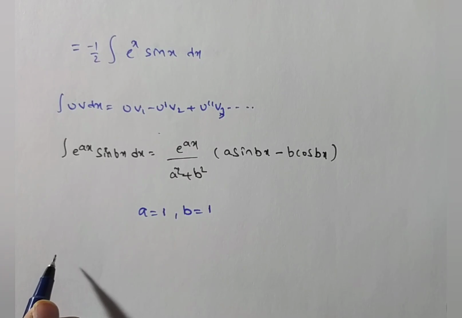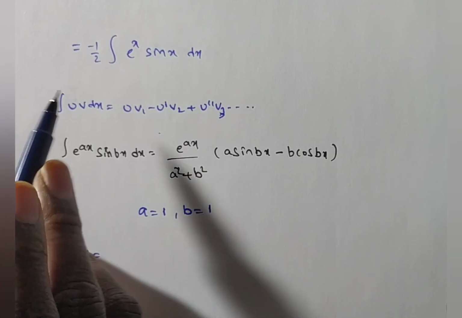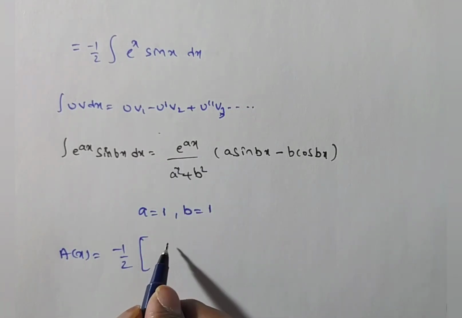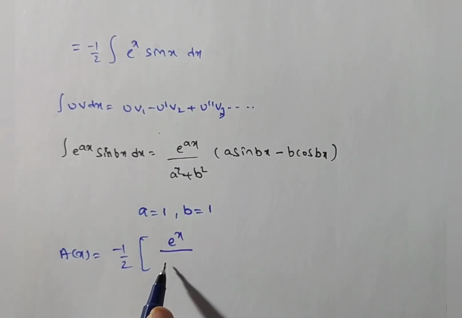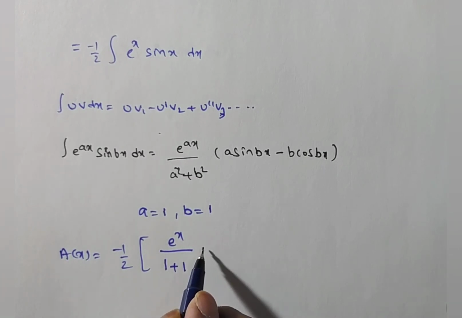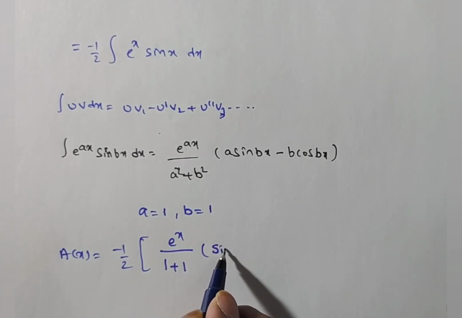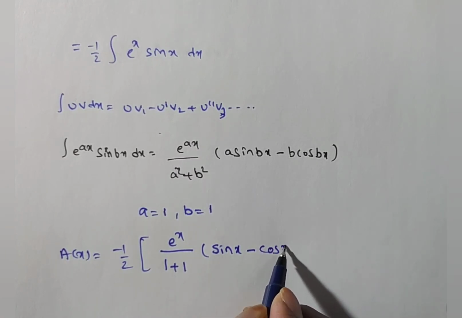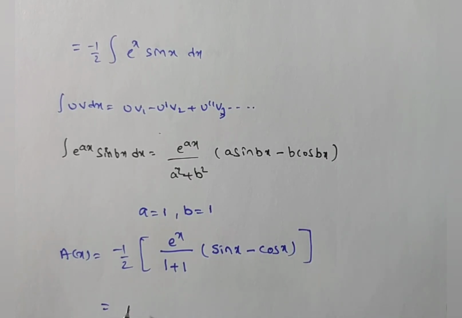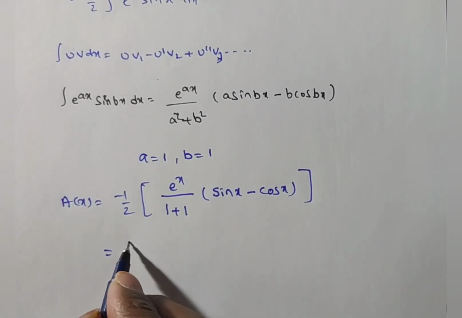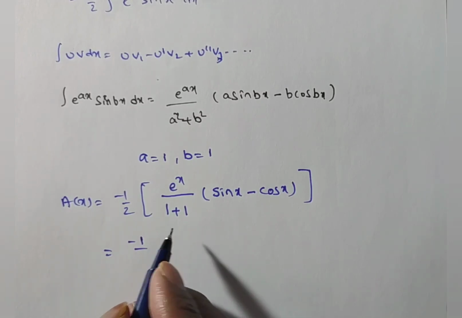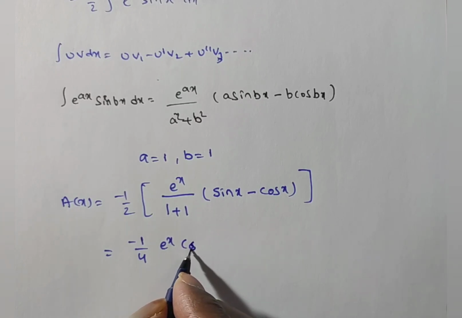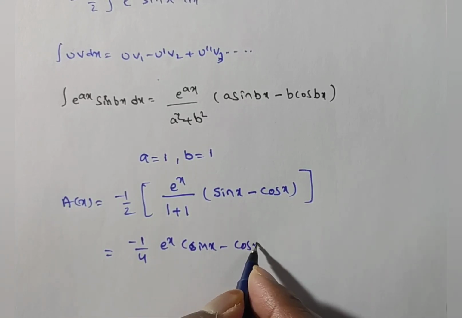Okay, now a of x is equal to minus 1 by 2 times e power ax, so e power 1 into x means e power x by a square plus b square, into a means 1 into sin 1x minus b means 1 into cos 1x. So this is the a of x value. Then we will have minus 1 by 2, this is 1 plus 1 is 2, 2 times 2 is 4, so minus 1 by 4 e power x into sin x minus cosine x.